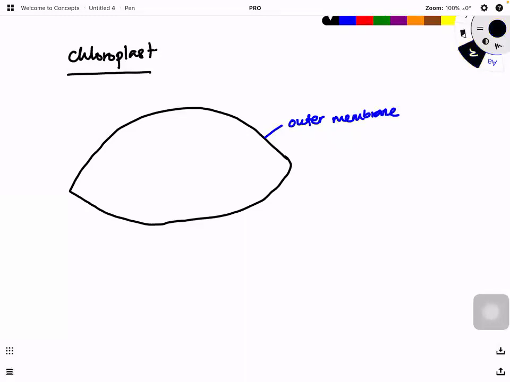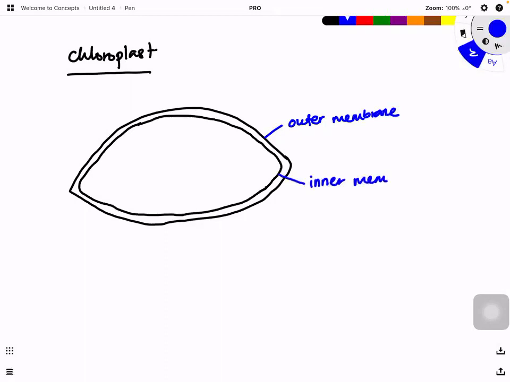Then we have the second layer of membrane known as the inner membrane. The space between these 2 membranes is known as the intermembrane space. This is similar to the mitochondria, but the inner membrane is not convoluted.